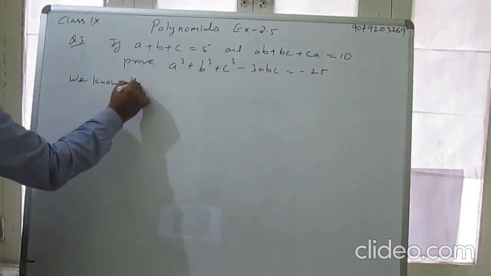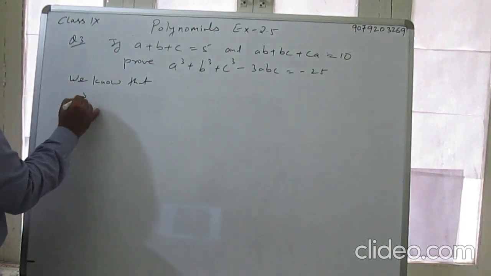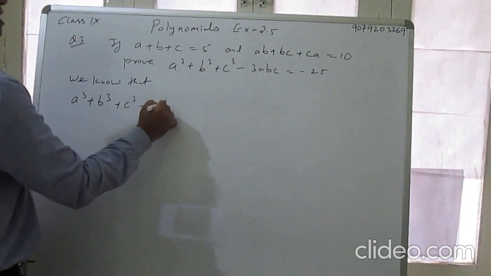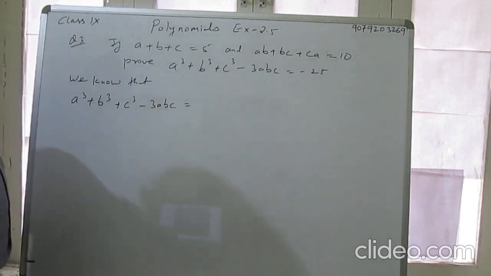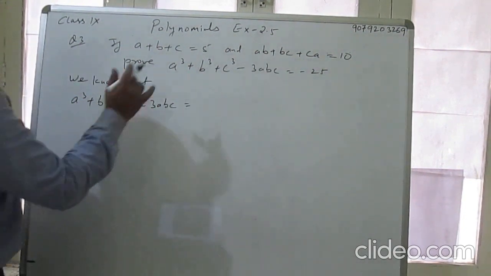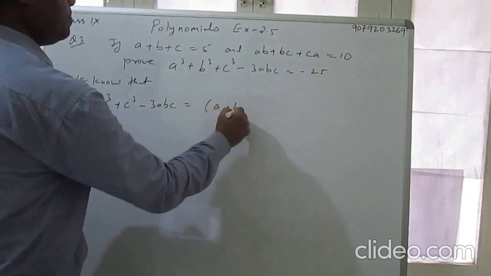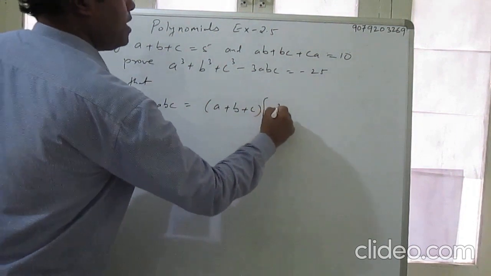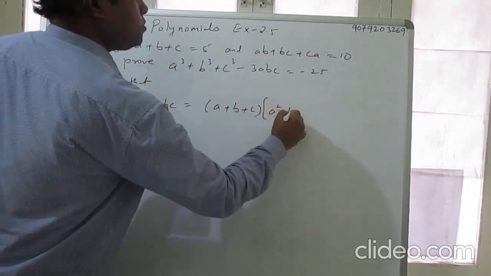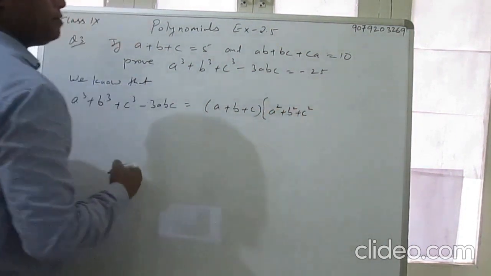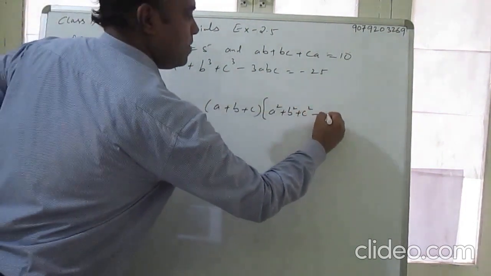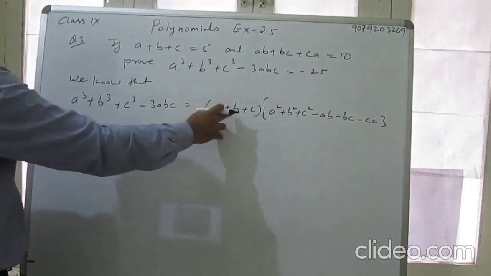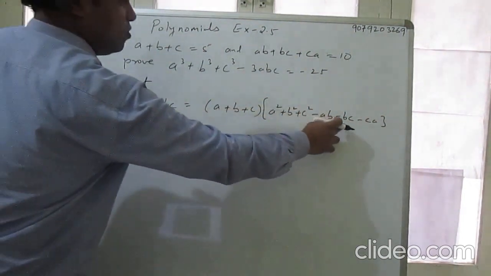We know that a cube plus b cube plus c cube minus 3abc is equal to a plus b plus c bracket a square plus b square plus c square minus ab minus bc minus ca. This is the identity. We know the value of this and we know the value of this.